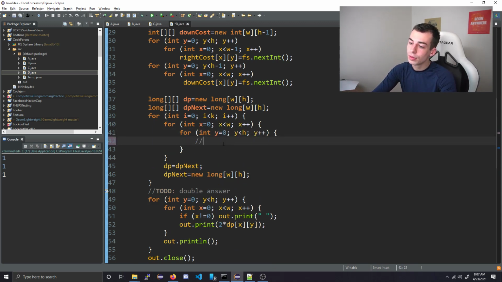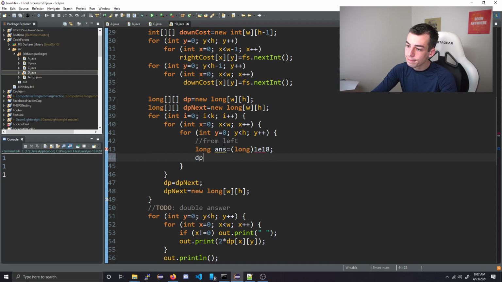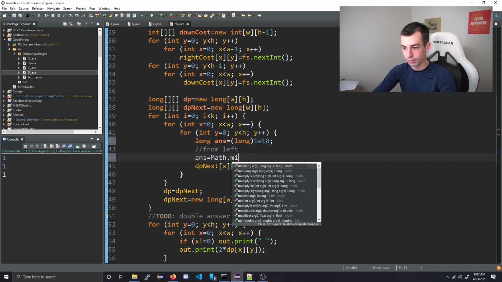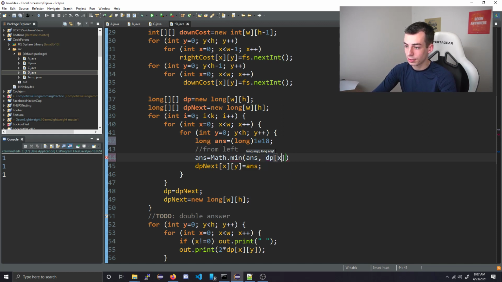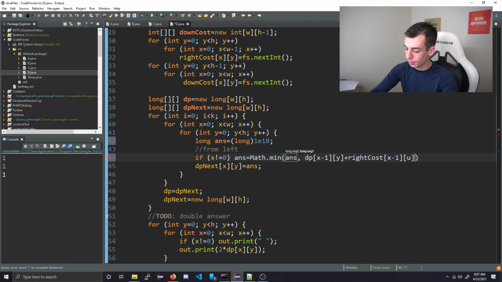So dp at x, okay, so if x is not equal to 0, ans equals math.min of answer and dp at x minus 1 y plus right cost at x minus 1 y.